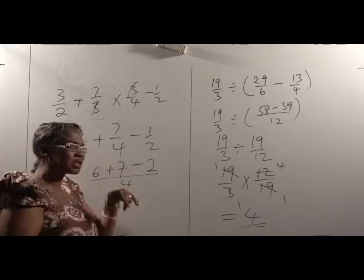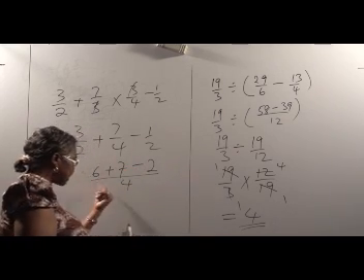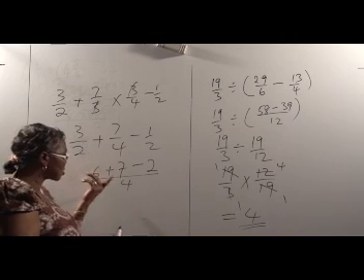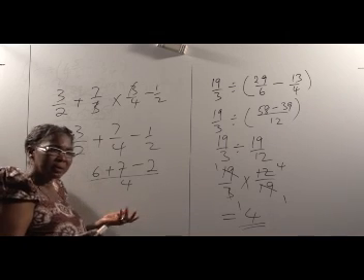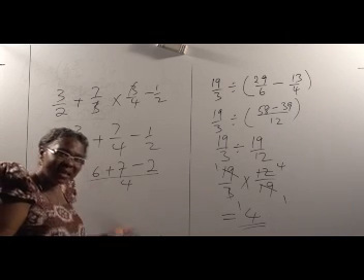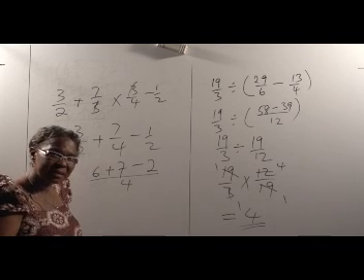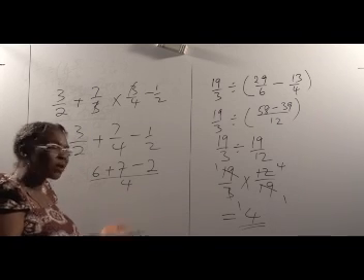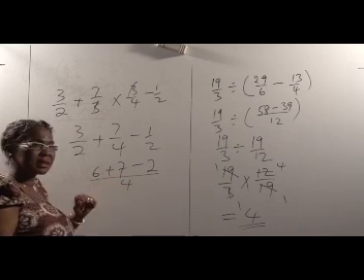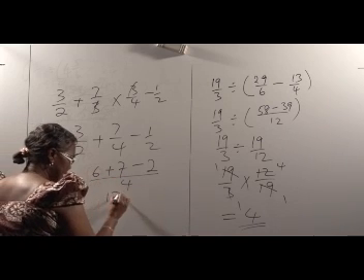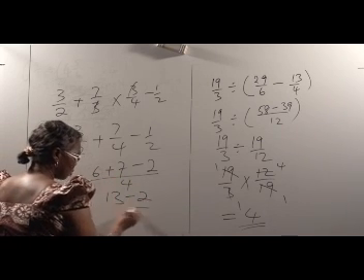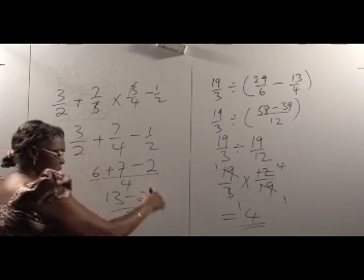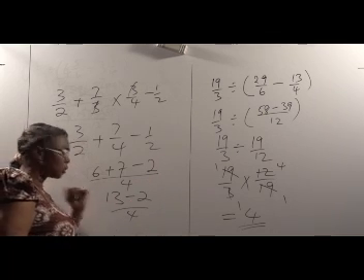BODMAS says addition before subtraction. This is a trick question. Most students will say, after all, I got it right. No, we have agreed. BODMAS. We do addition before subtraction. Show your addition. 6 plus 7, 13 minus 2 over 4. Aha, you get M1 because you've shown addition.